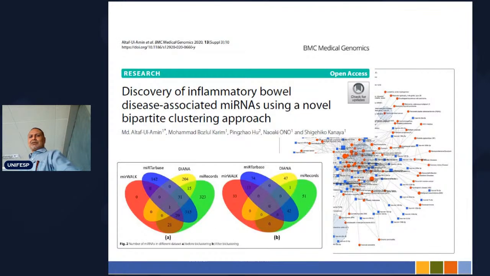Okay, and also we detected IBD related microRNAs by applying the biclustering algorithm. In this paper, we tried to find out a microRNA versus gene bipartite network. We tried to do the clusters, and then as you can see, as students, this is a very easy flow to follow.